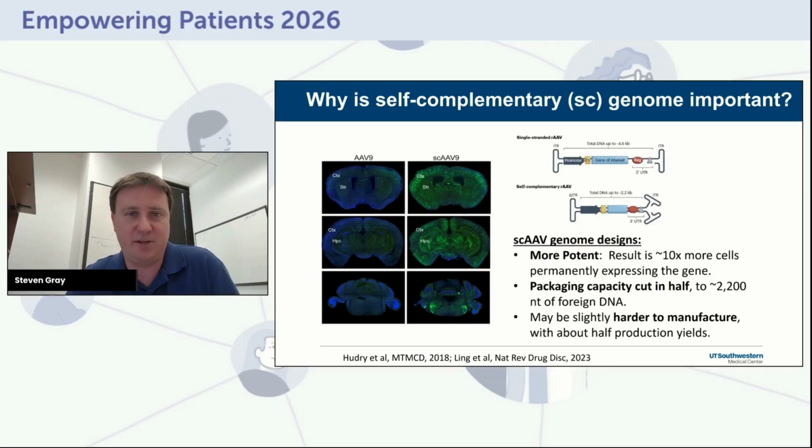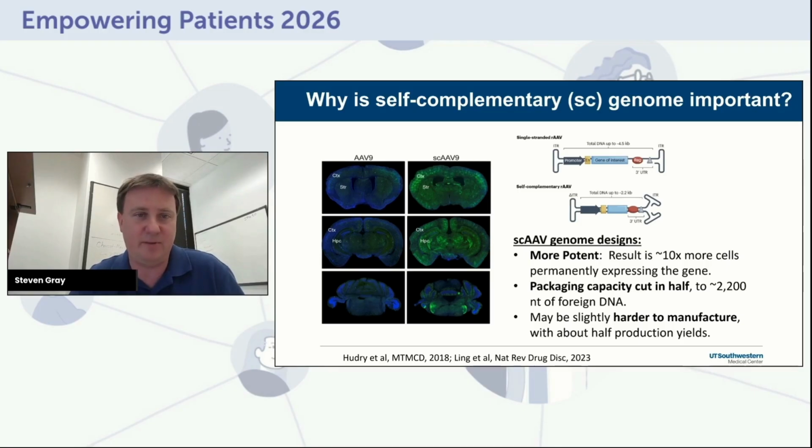So you go from packaging about 4,500 bases to only about 2,200 bases of foreign DNA. It also might be slightly harder to manufacture. You might get about half the production yields as opposed to a traditional AAV vector.